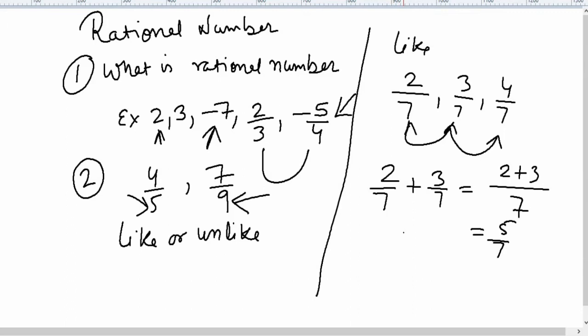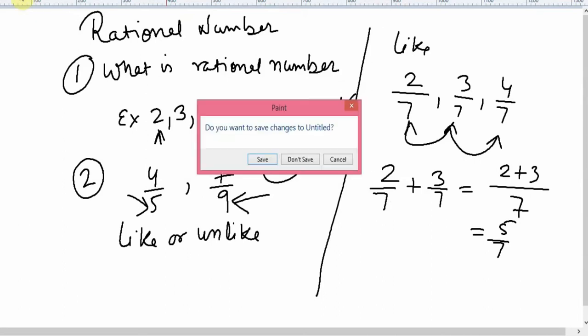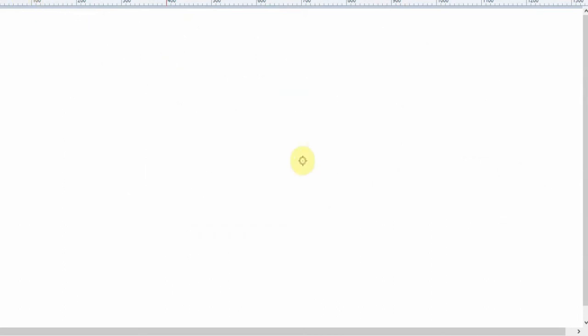Now in the case of rational numbers, we must know how integers behave, the behavior of positive or negative signs with rational numbers or fractions. Here we are dealing with fractions, so we must know the behavior in addition and subtraction.